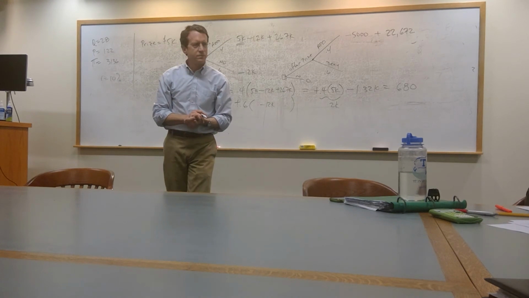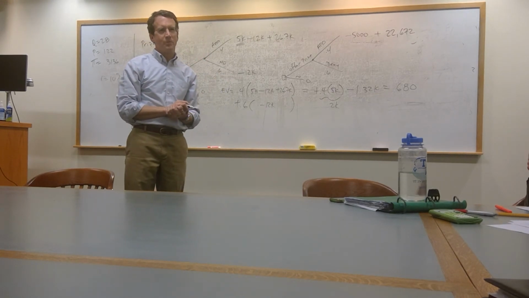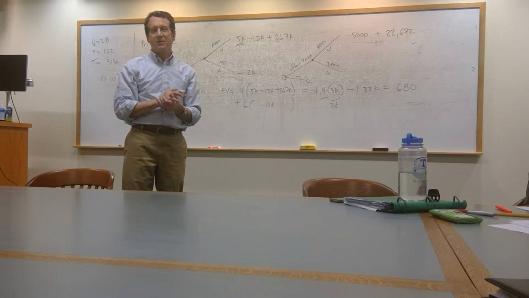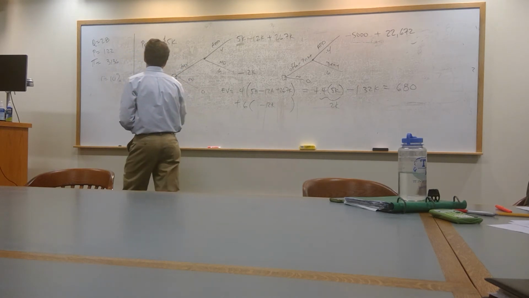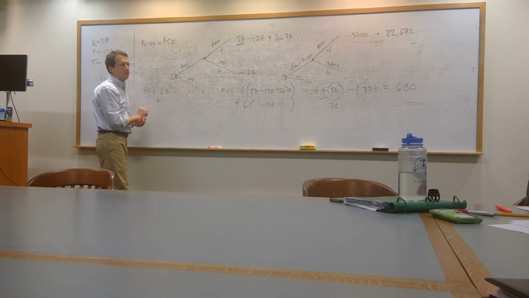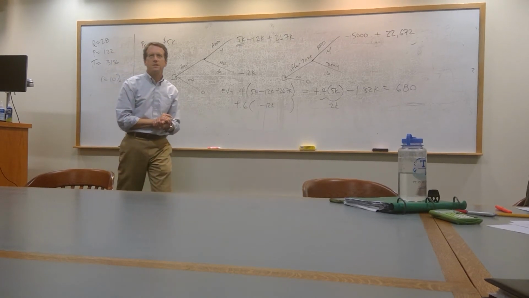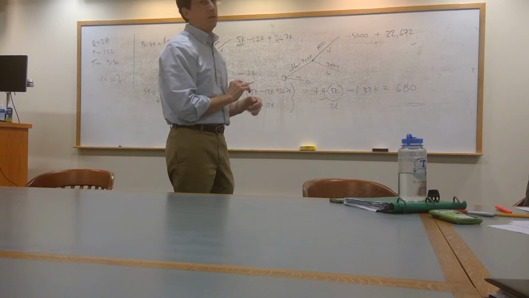So social surplus is equal to the CS plus the PS plus government revenue, which is negative here, since we're paying it out.